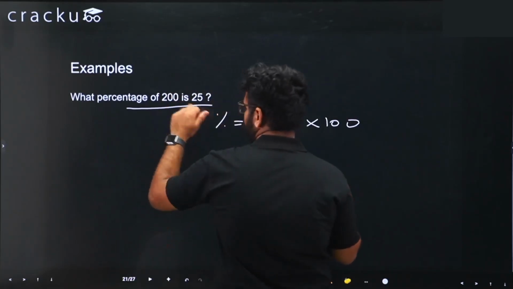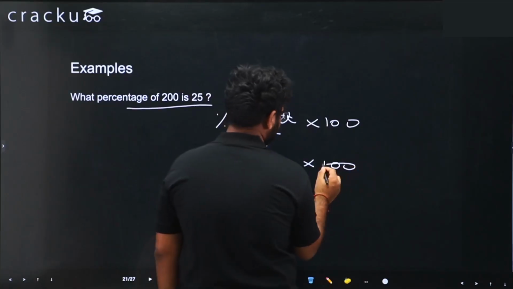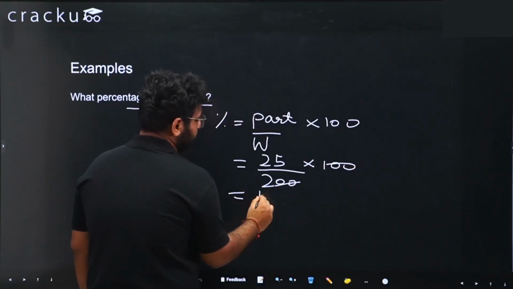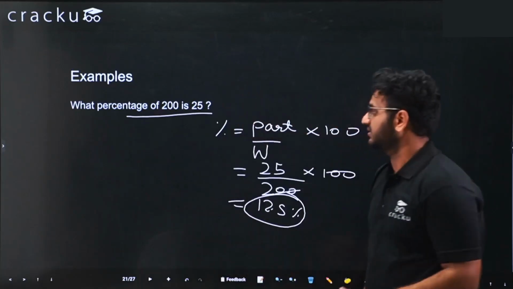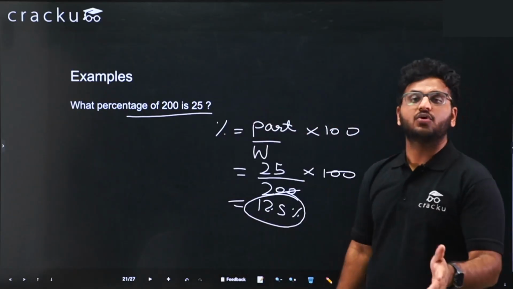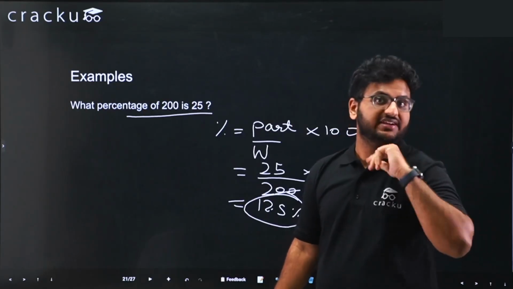Whole is what? 200 into 100. So these two get together. So 12.5%. So 25 is 12.5% of 200, which we can remember we used to solve fraction into percentage.